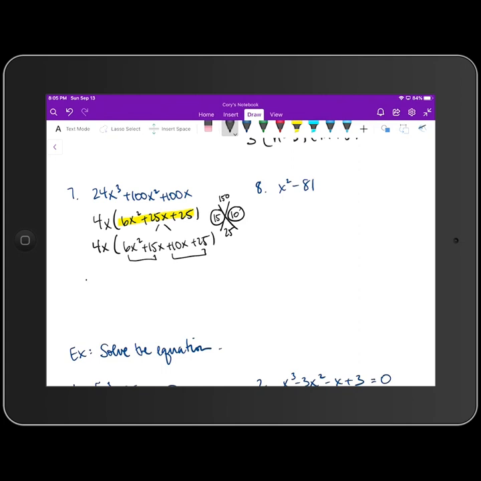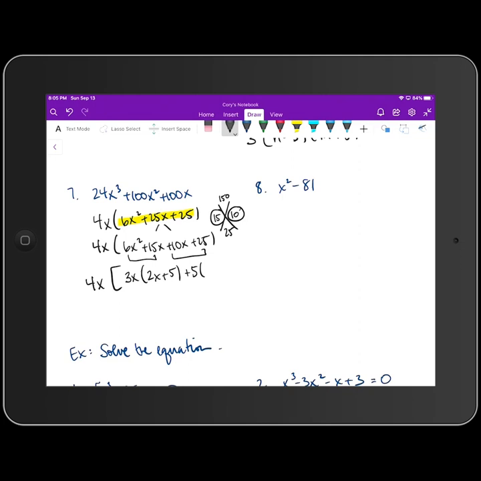So again, I'm going to separate 4x from everything else. Okay, so when I look at 6x squared and 15x, the factor that both of those terms share is 3x. When I factor that out, that leaves me with 2x plus 5. And then when I look at positive 10x and positive 25, the factor that they both share is positive 5.